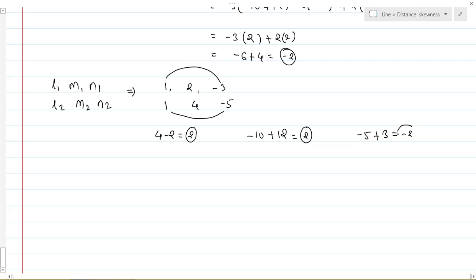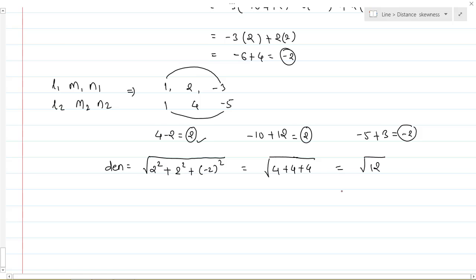So these are the three parts in your denominator. So the denominator becomes root of 2 square plus 2 square plus minus 2 square, which is root of 4 plus 4 plus 4, which is root 12, which can be written as 2 root of 3.